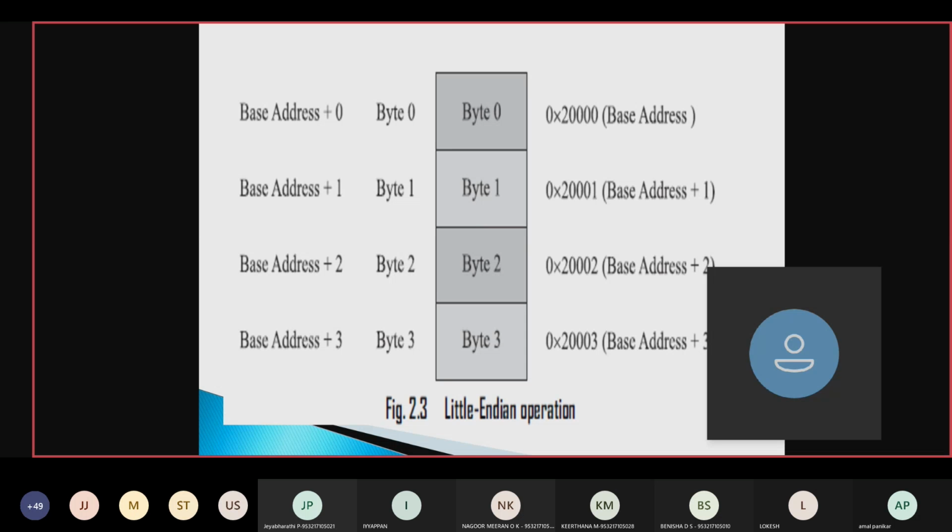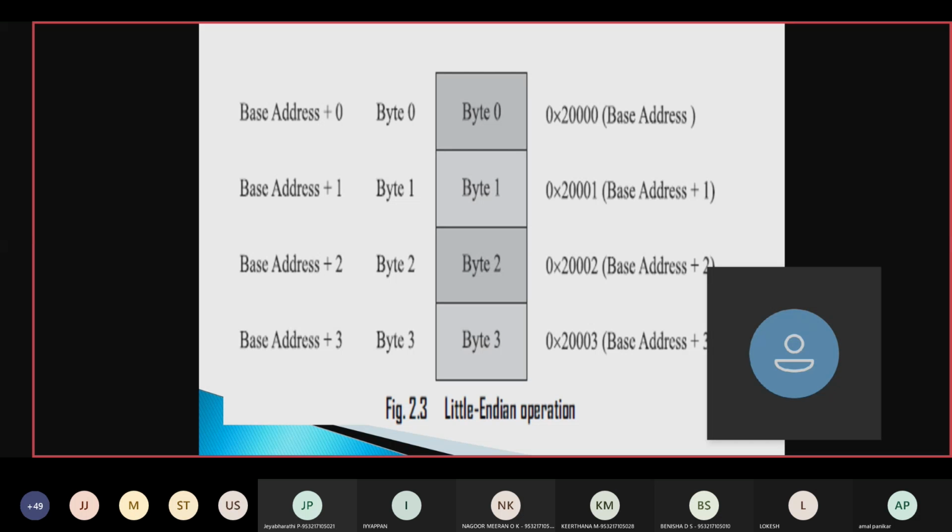Previously, 2000 was stored with 00 and 2001 with 80, which is little endian. Whereas with big endianness, things will differ. Taking the same addresses 2000 and 2001, first it will store 80, and second it will store 00.